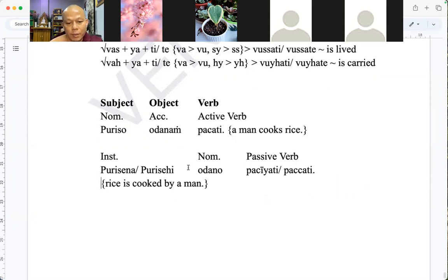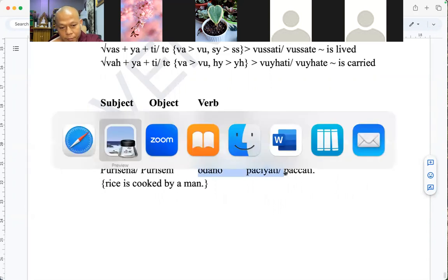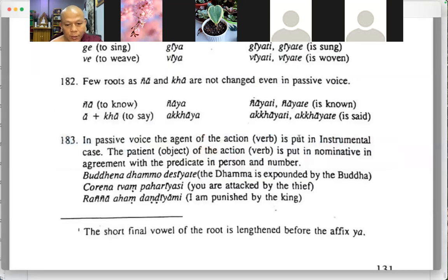But in the passive, only object and verb must have agreement, singular, plural, person, and so on. So that is here, you see, both in agreement with the predicate in person and number.